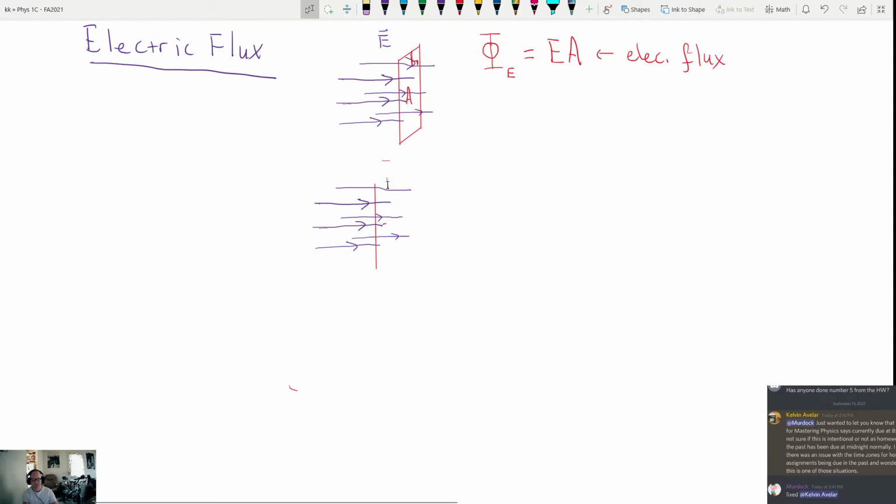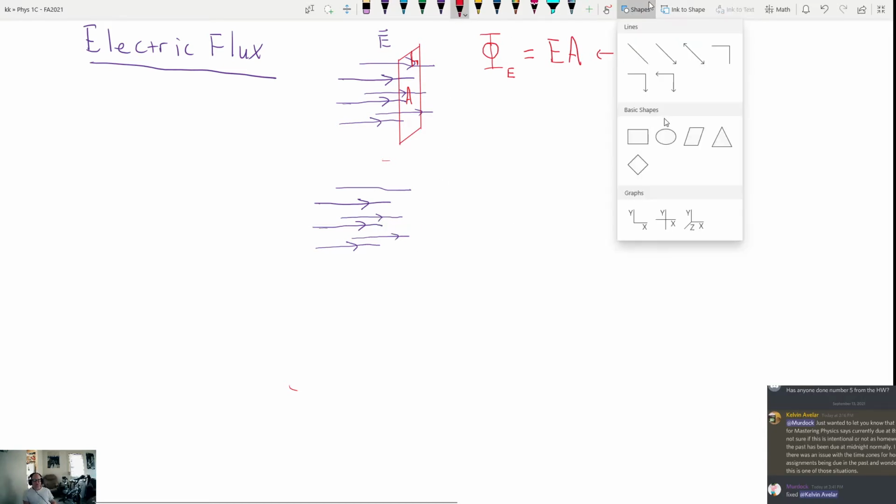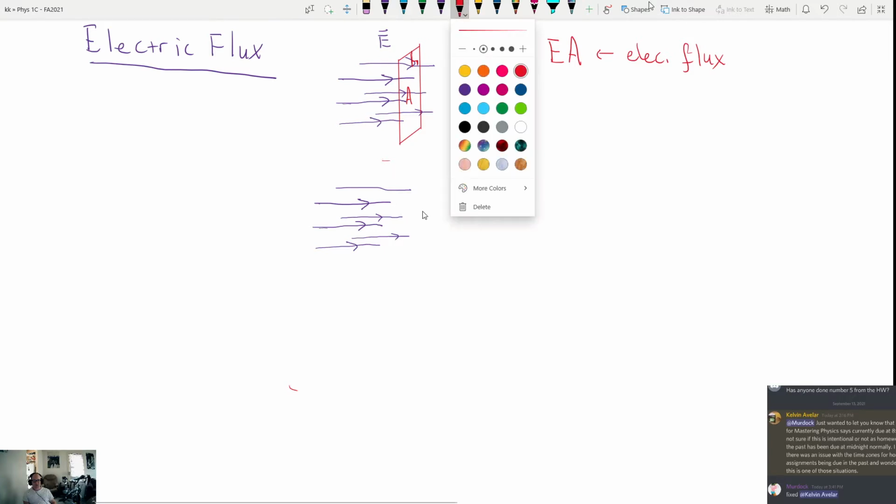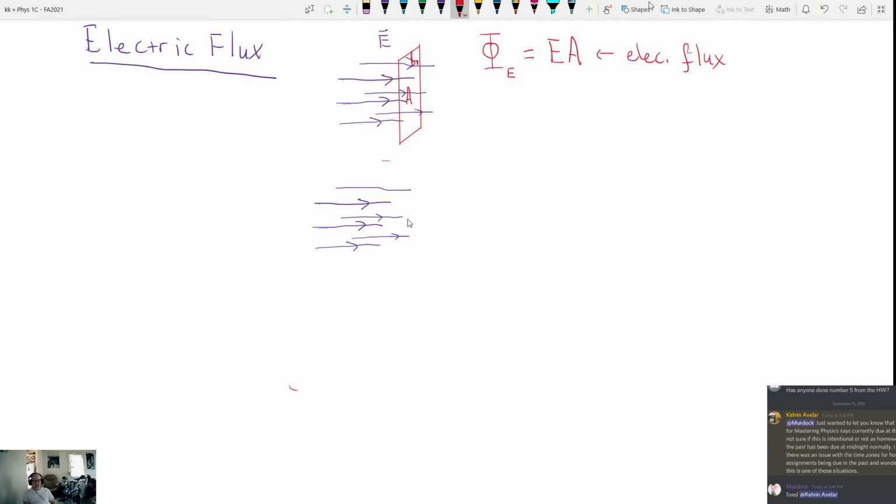So what if our field lines pass through something that is not perpendicular to them? For example, let's say that I have a sheet, and it's oriented sideways, kind of like this.